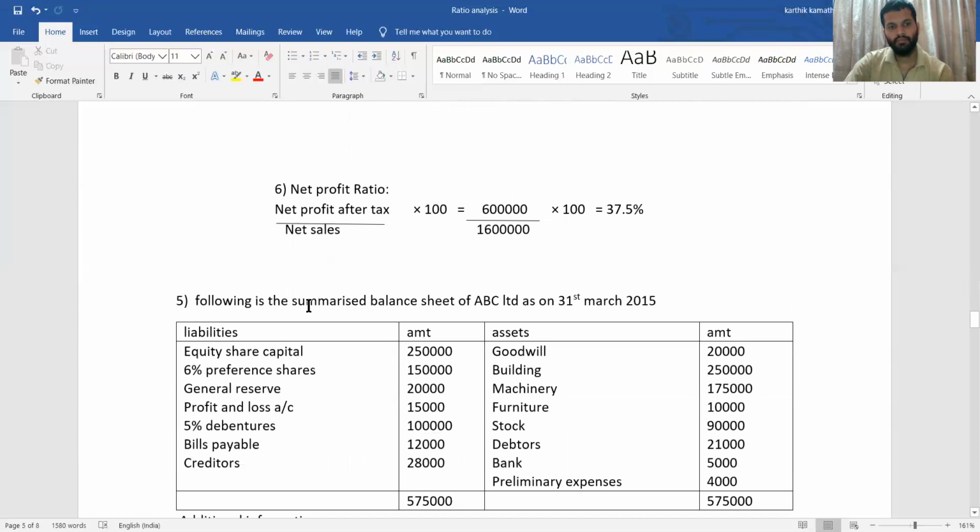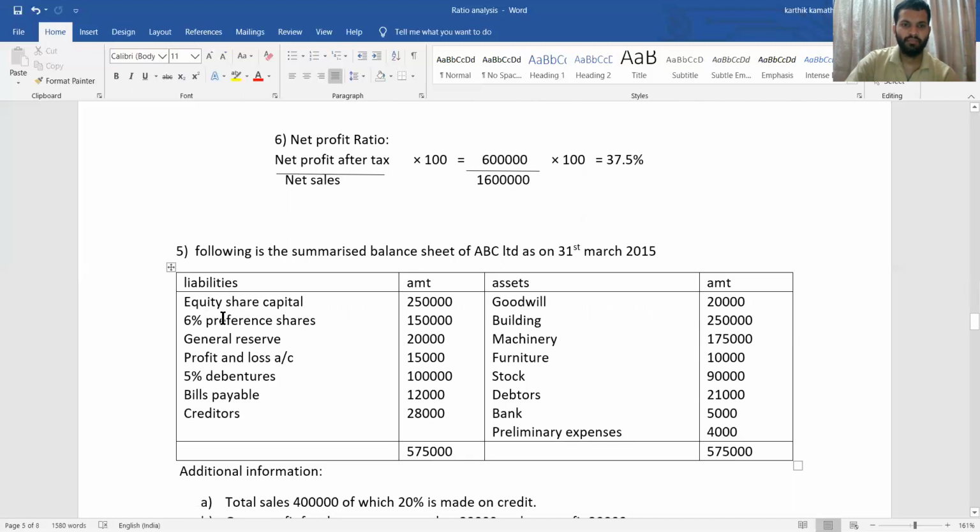So the next problem we are going to see is of ABC Limited. Following is the summarized balance sheet of ABC Limited as on 31st March 2015. On the liability side, equity share capital, preference shares, general reserve, profit and loss account, debenture, bills payable, creditors are mentioned.